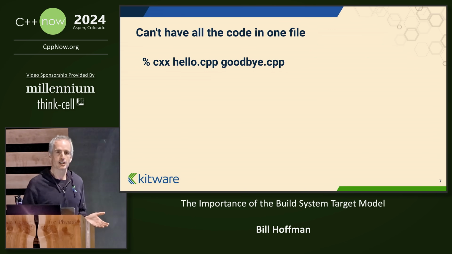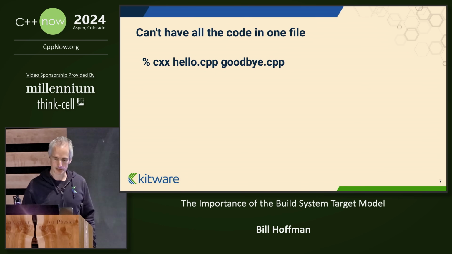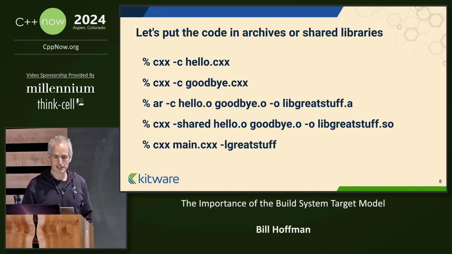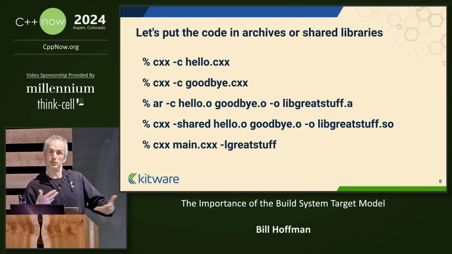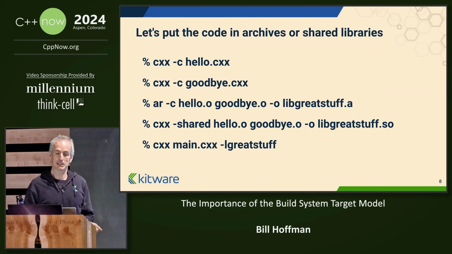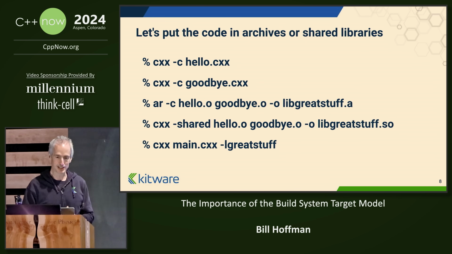But putting all your code in one file is not going to scale, and obviously, coders love to write code. We're going to write lots of code, and that's going to grow, so maybe put it in 2 files. You can compile that. But eventually, and this is kind of the evolution of me learning how to program, I'm going to stick in these things called libraries or archives or shared libraries.